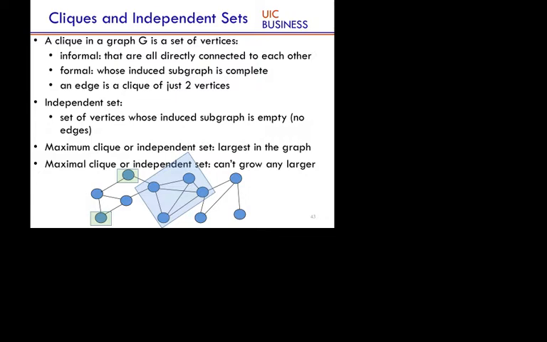I don't know what the largest independent set size is here, but that's what maximum independent set means. Maximal just means if you greedily do something and you can't add an additional node and still maintain the independent set property, that there is no edge between the vertices in that subgraph, then that would be called a maximal independent set.